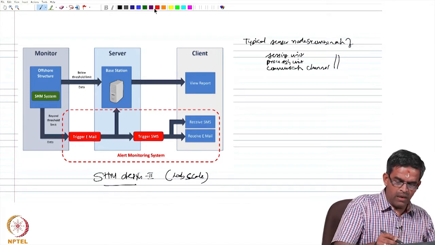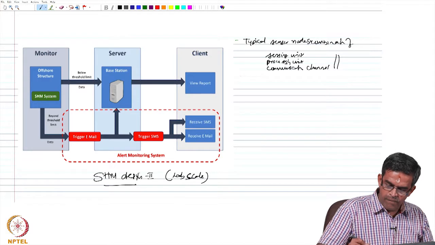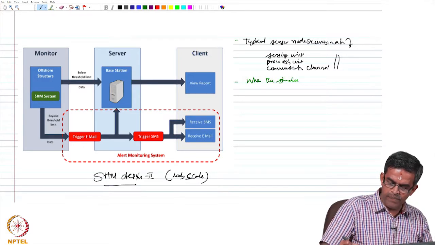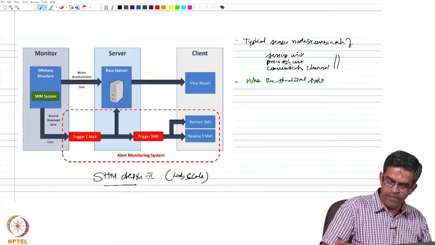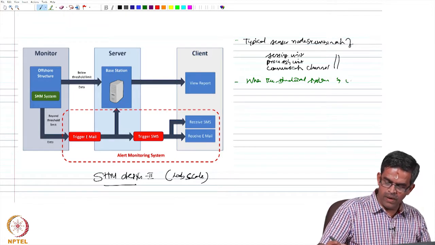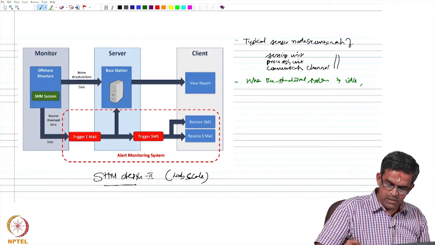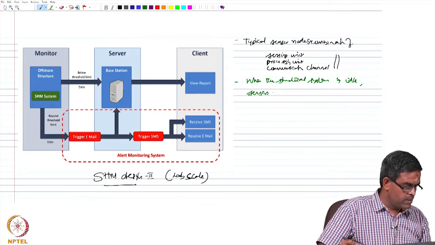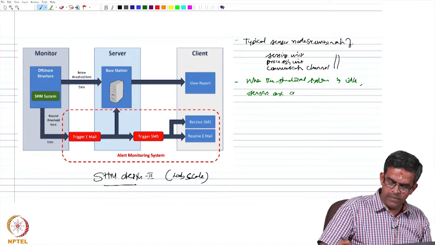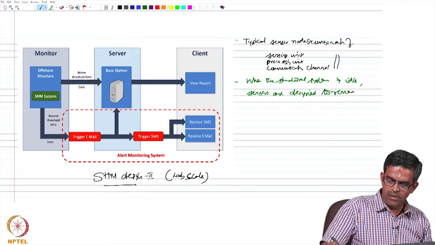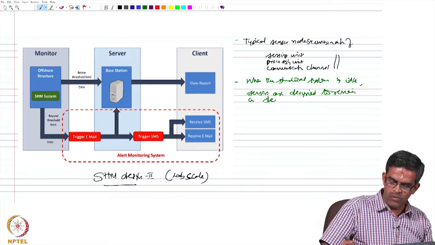Now, interestingly, when the structural system is idle, sensors are designed to remain in sleep mode.